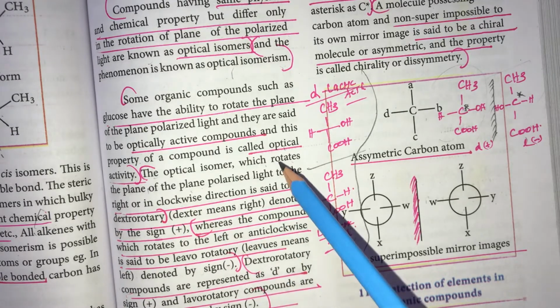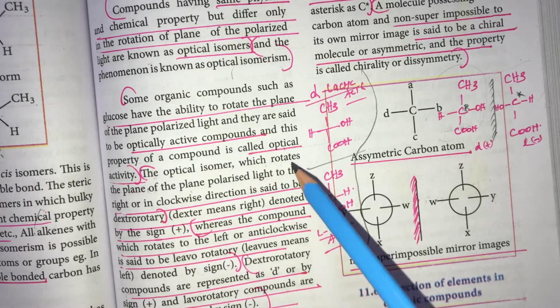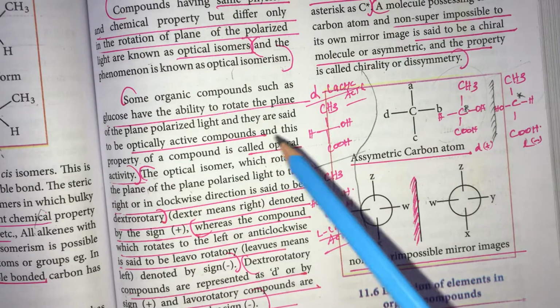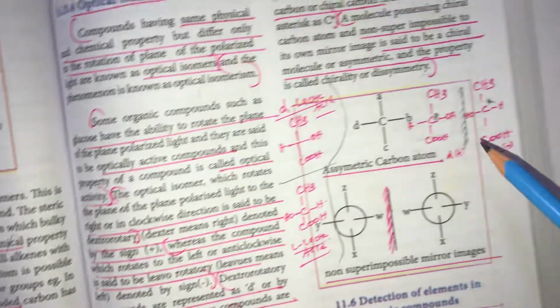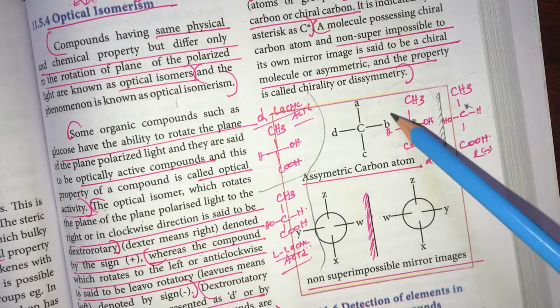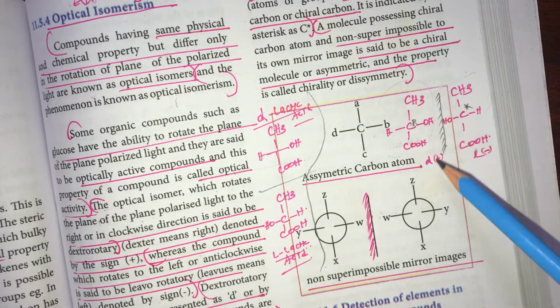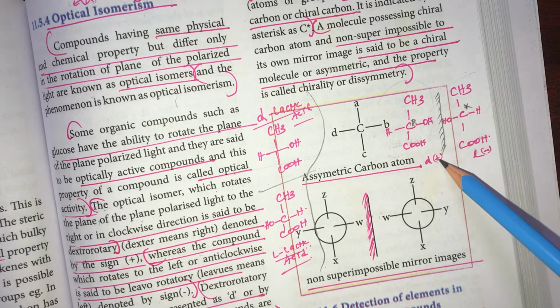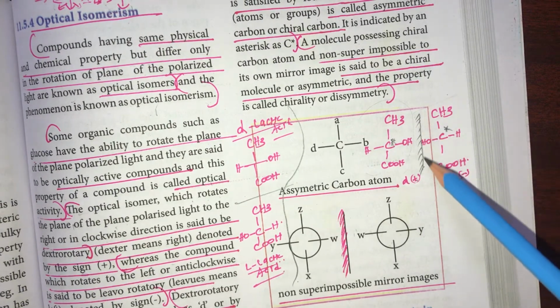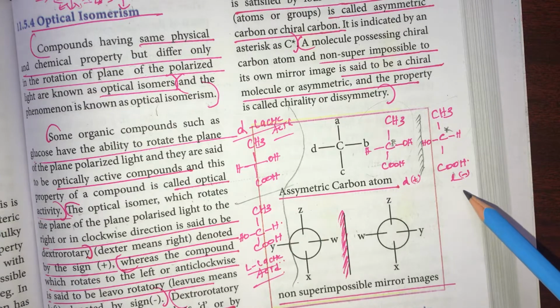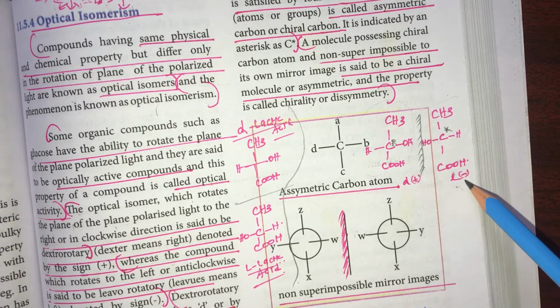The compounds which rotate the plane polarized light are called optical isomers. The substance which rotates the plane polarized light in the clockwise direction is called dextrorotatory, or D or plus sign. The compounds which rotate the plane polarized light in the anti-clockwise direction are called levorotatory, L or minus sign.